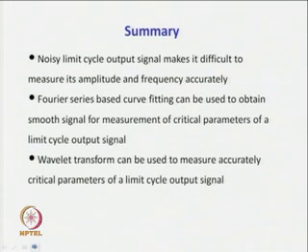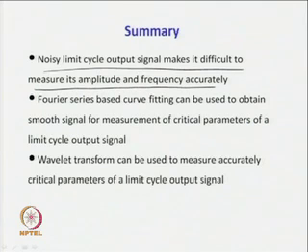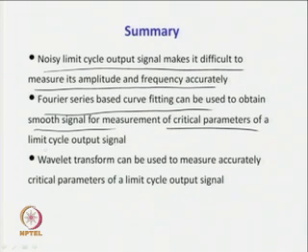So, in summary, we have noisy limit cycle output signal makes it difficult to measure its amplitude and frequency necessary for estimating parameters of a transfer function model. Now, Fourier series based curve fitting can be used to obtain smooth signal and thereby obtain critical parameters of the limit cycle output signal effectively.